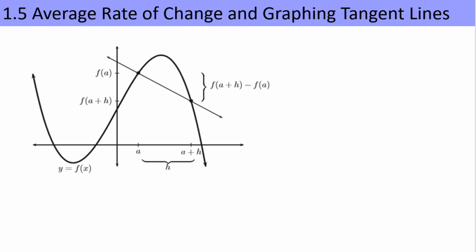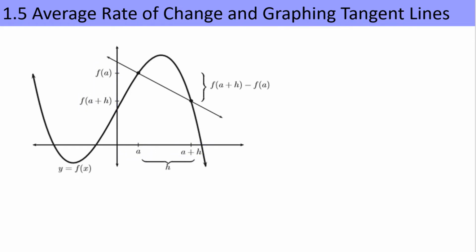It continues to decrease while intersecting the positive x-axis. Along the positive x-axis, the points a and h units to the right, a plus h, are marked, and along the positive y-axis, the corresponding points f of a plus h is marked, and above that, the point f of a.